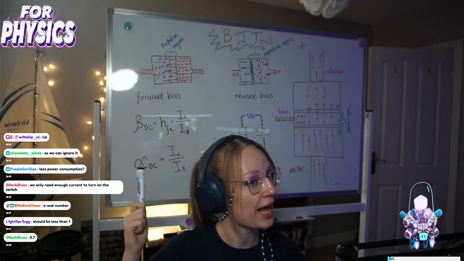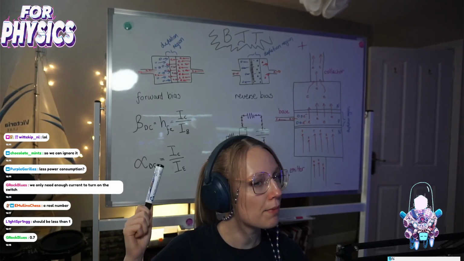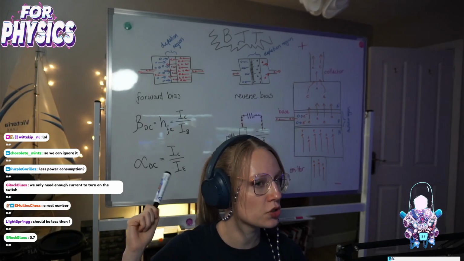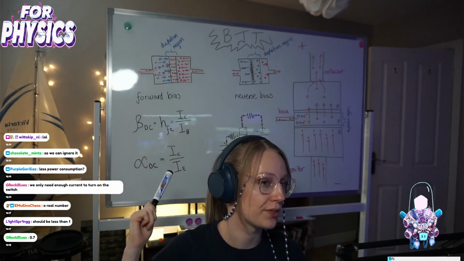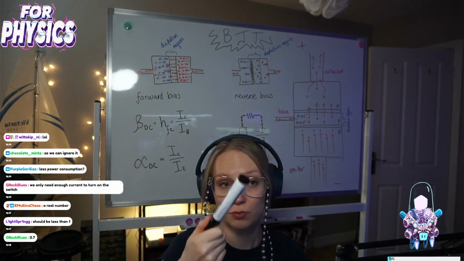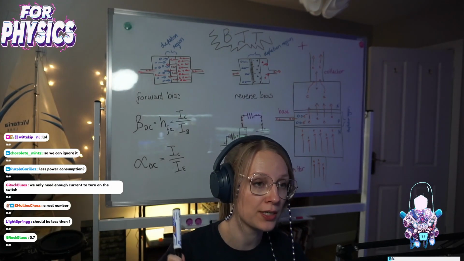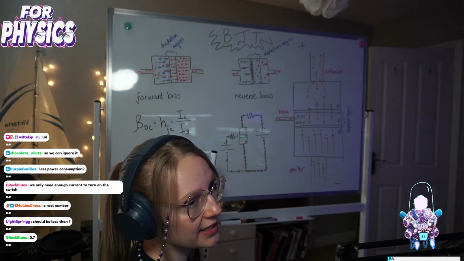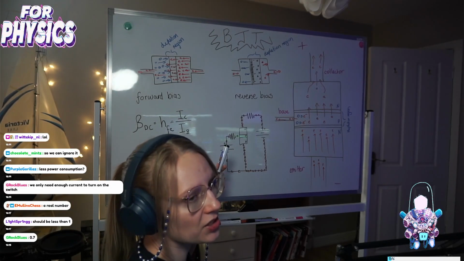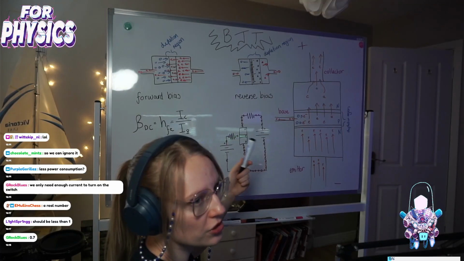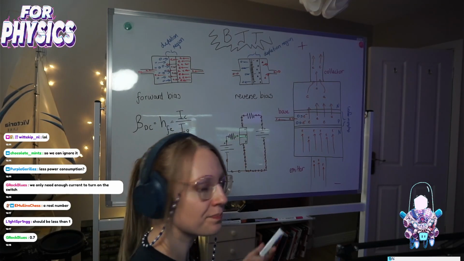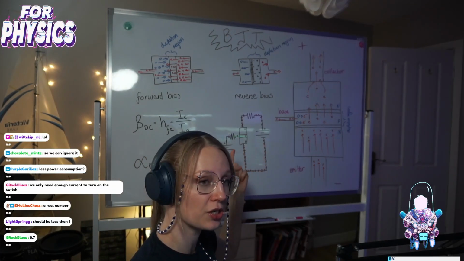Not all data sheets will have it, by the way. You might not always know, so just be aware that you might not know this number. You could calculate it if you do this demonstration. In fact, kind of a misleading thing. It's not really misleading, but in case you're worried, it's like, oh my God, for a transistor you need 2 powerful sources. You can do this demonstration at home.